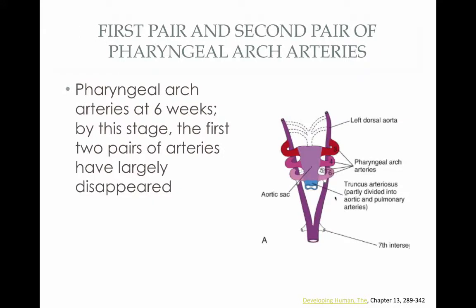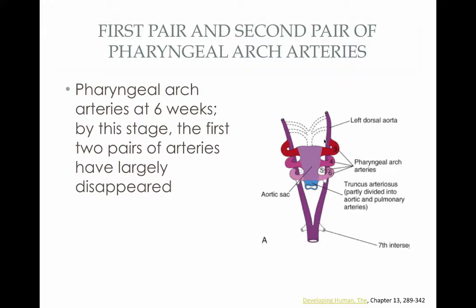So as we look at this branch here, here would be the truncus arteriosus. We can see that it's partially divided, not fully divided into the aorta and pulmonary trunk. But here would be the first two arch arteries, which, again, have disappeared, and we talked about what they formed.